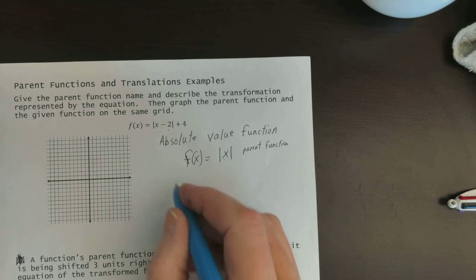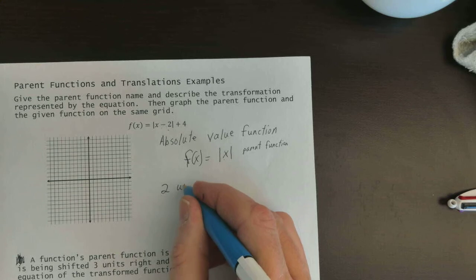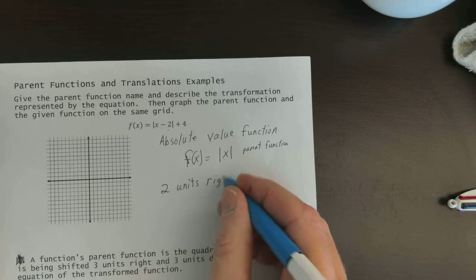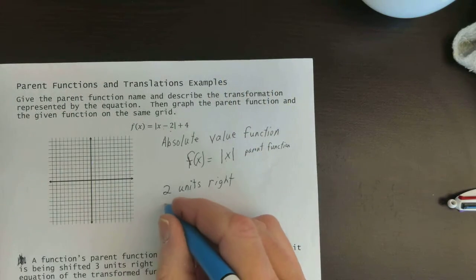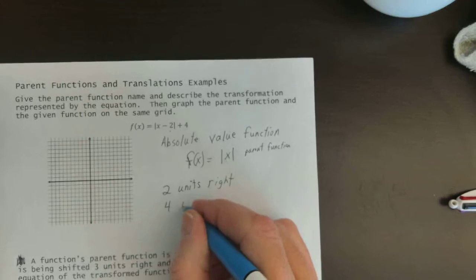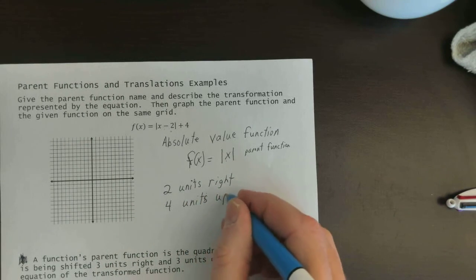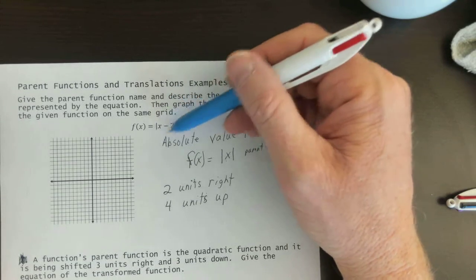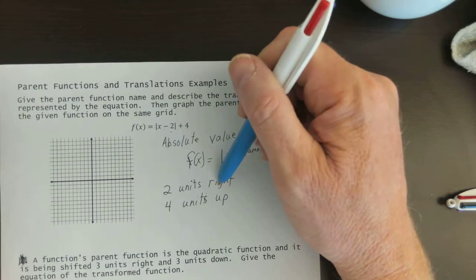Okay, now when you have that x minus 2, that's going to be 2 units right, to the right, and then the plus 4 is outside the absolute value, and that's going to move it up 4 units up. Okay, so what I need you to know, the left and right will be with the x inside whatever the function is, and if it's minus, it's kind of counterintuitive.